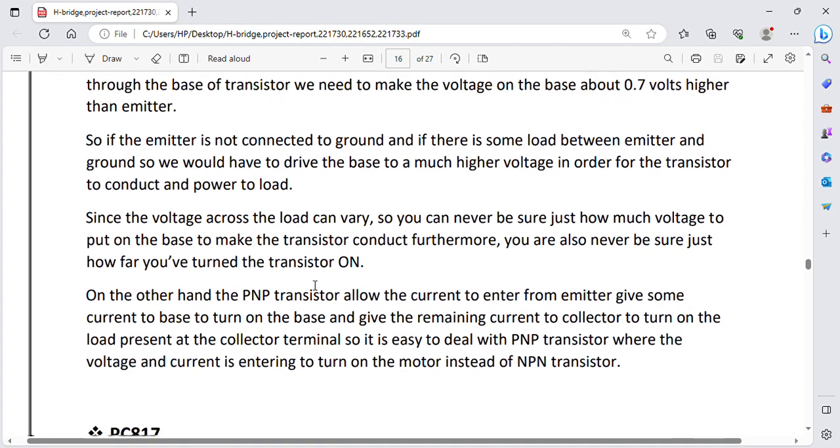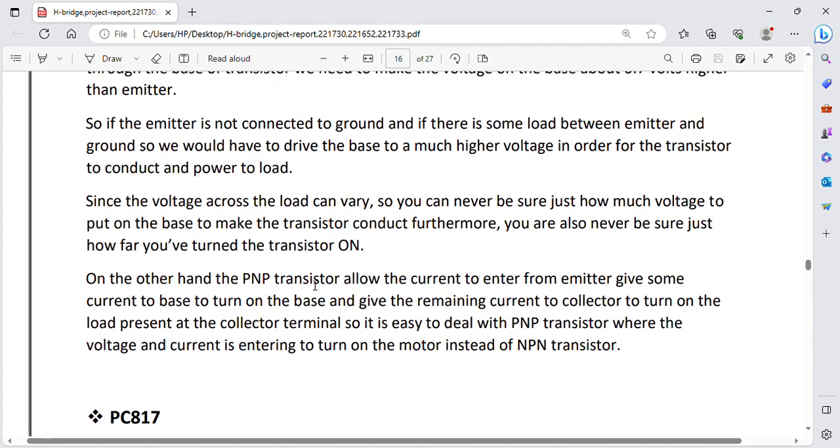So if the emitter is not connected to ground, and there is some load between emitter and ground, we would have to drive the base to a much higher voltage in order for the transistor to conduct power to the load. Since the voltage across the load can vary, you can never be sure just how much voltage to put on the base to make the transistor conduct.